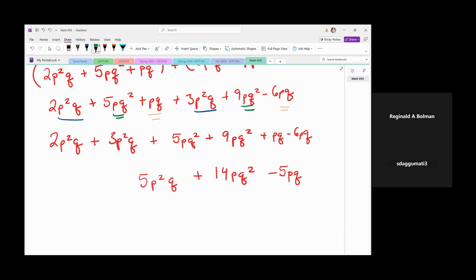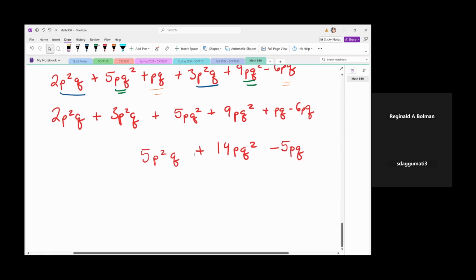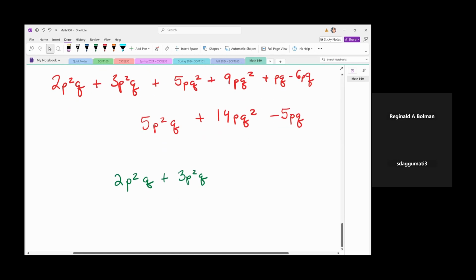Now, students would ask, however, how did I know that you can actually add these things together, apart from being the teacher? And what I would tell students is go back to the basics of factoring an expression, or said another way, using distribution in reverse. When you've got this 2p squared q term and 3p squared q term, what you've got is 2 times p squared plus 3 times p squared, times a q.